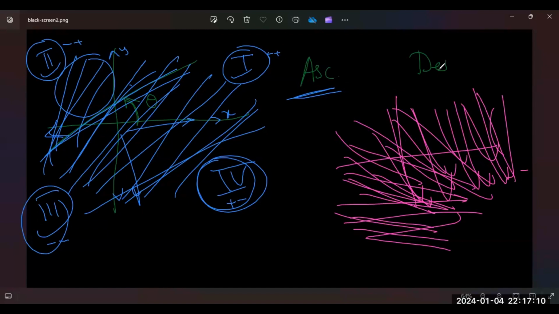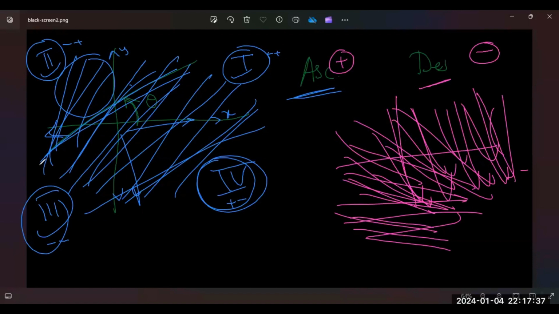Now, please remember, descending lines are assigned negative. They are negative by nature, and ascending lines are positive by nature. It's like a North Pole, South Pole thing, electron, proton thing. Ascending lines are assigned positive, descending lines are assigned negative.